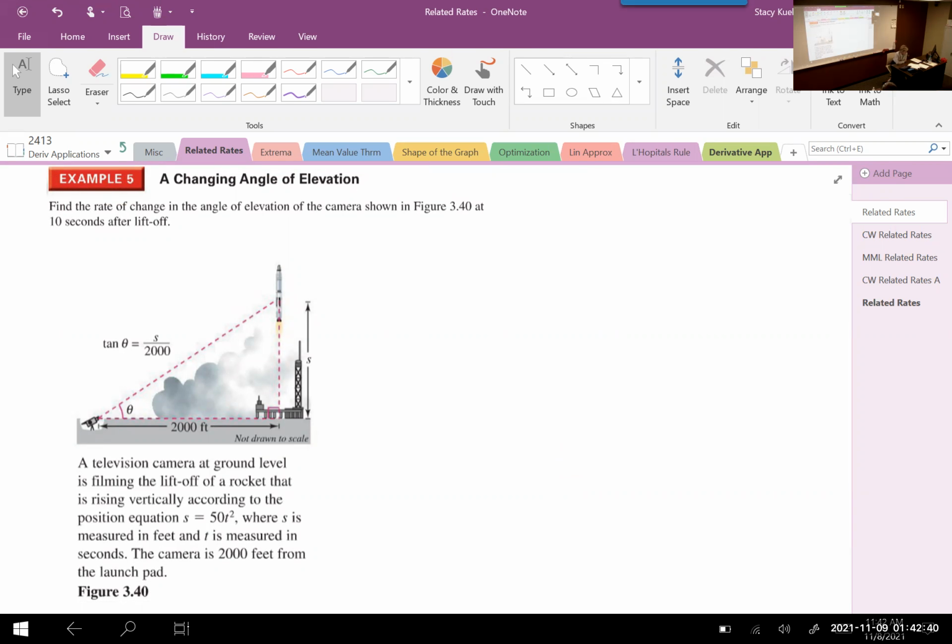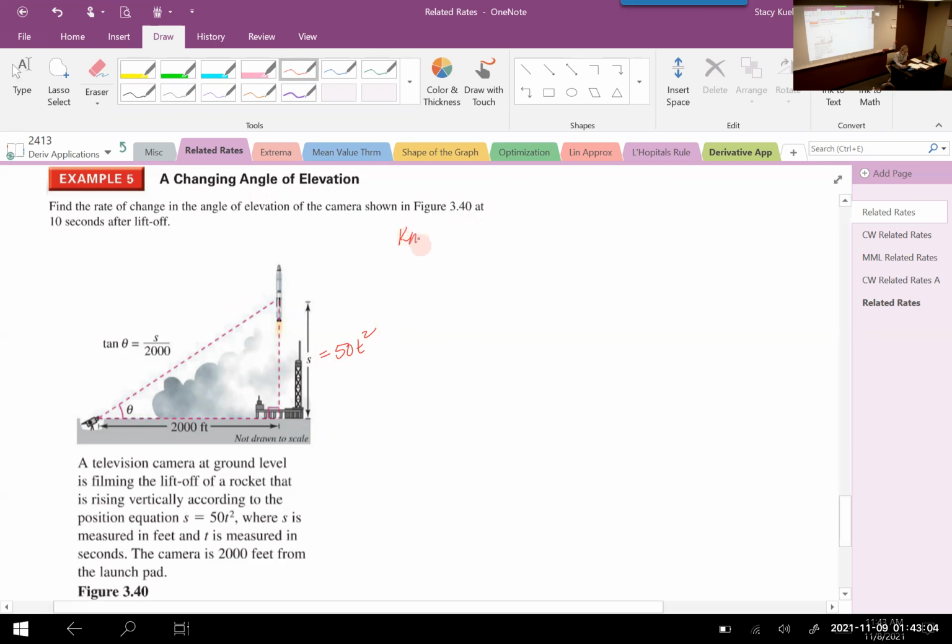A television camera at ground level is filming the liftoff of a rocket that is rising vertically according to the position equation s equals 50t squared. So this side over here has got to be 50t squared. The camera is 2,000 feet from the launch pad.